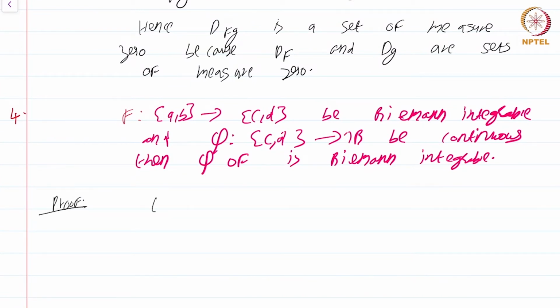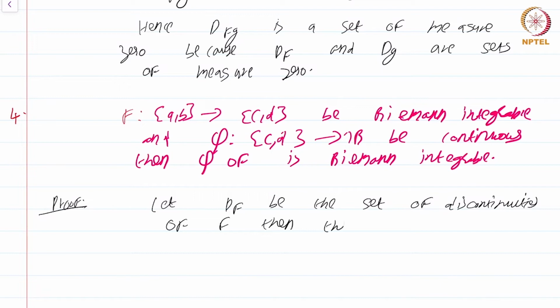Let D_f be the set of discontinuities of f. Then the set of discontinuities of phi composed with f is a subset of D_f. Why is this true? Again, because the composition of two functions will be continuous at a point if f is continuous at that point and phi is continuous at f of that point.